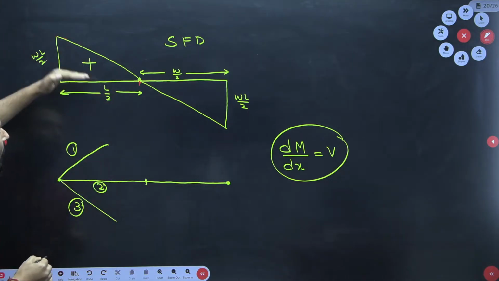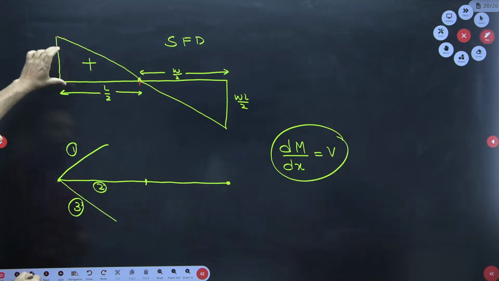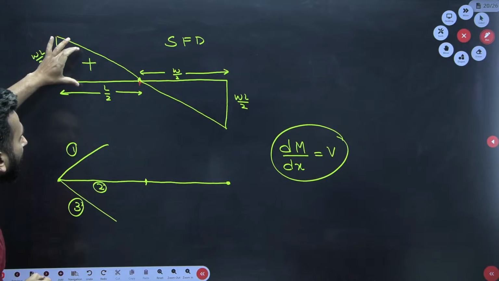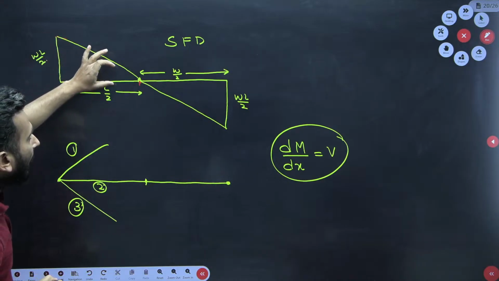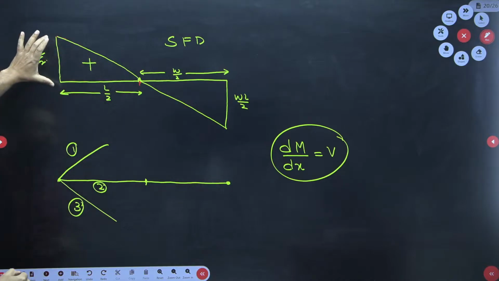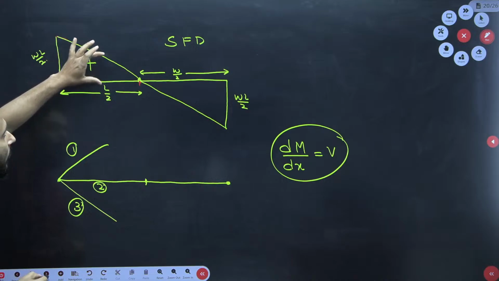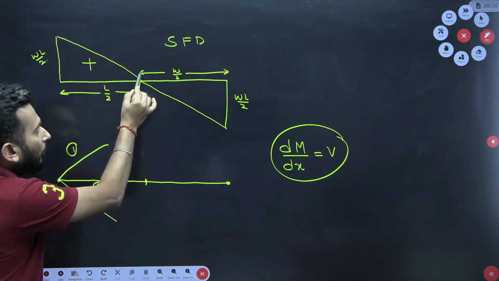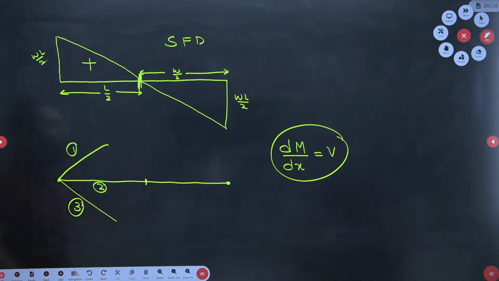It is above the reference line, so the value is positive. But my dear friends, the positive magnitude is decreasing. For example, if over here it is 6, then 5, 4, 3, 2, 1, and eventually the value of the SFD becomes 0.